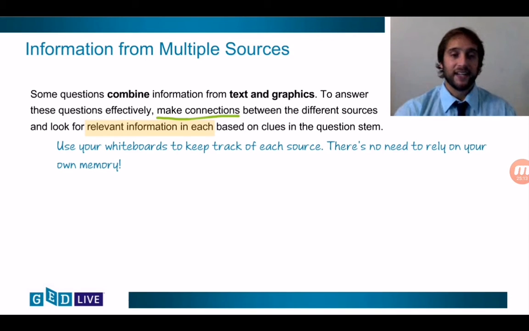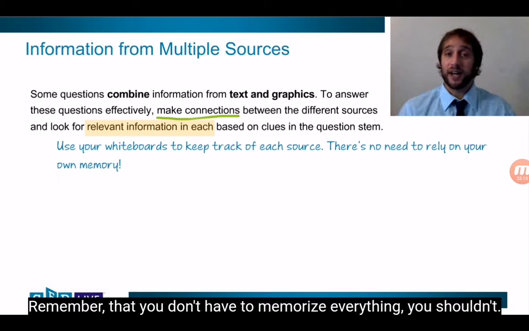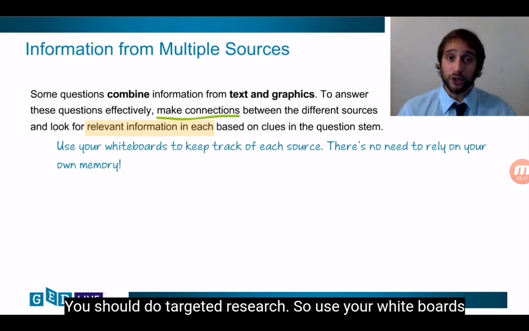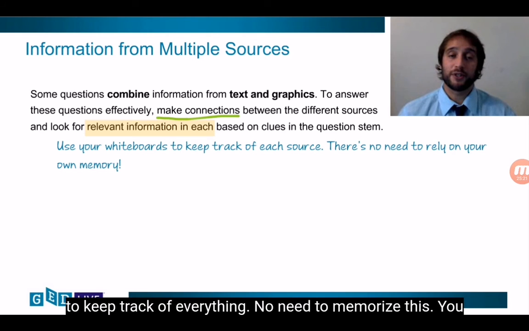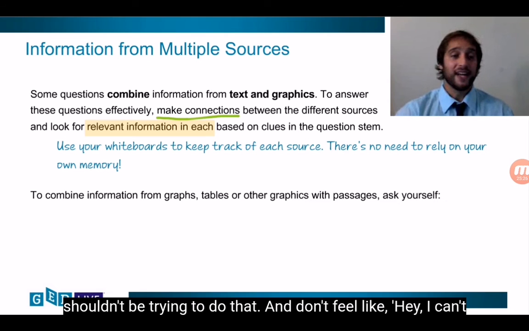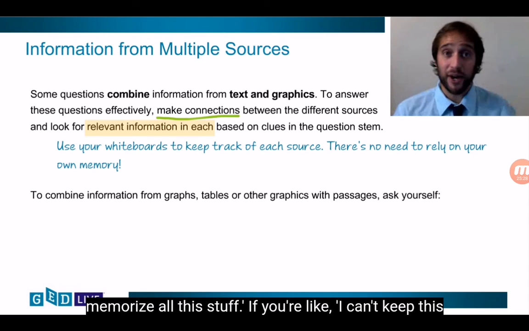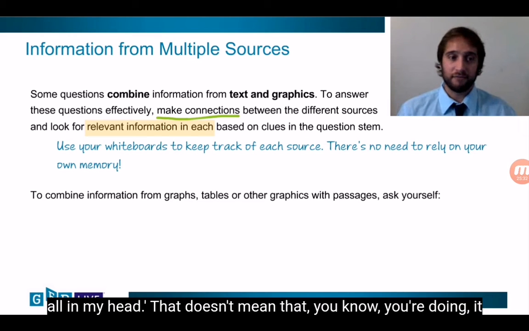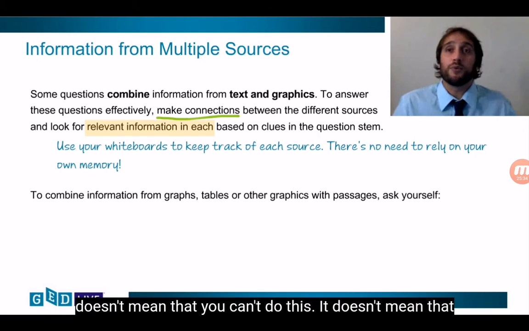Remember that you don't have to memorize everything. You shouldn't. You should do targeted research. So use your whiteboards to keep track of everything. No need to memorize this. And don't feel like, I can't memorize all this stuff. If you're thinking, I can't keep this all in my head, that doesn't mean you can't do this.